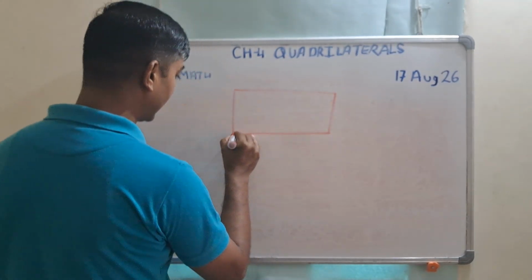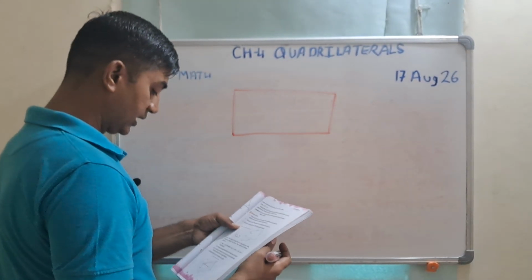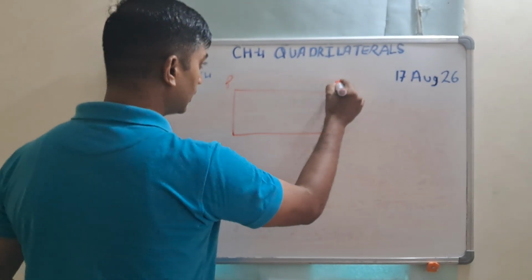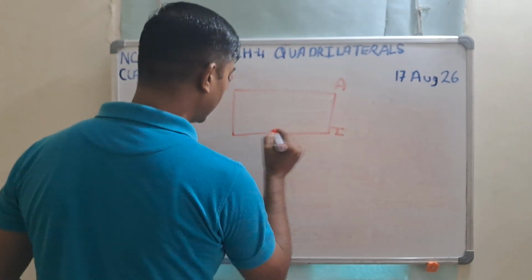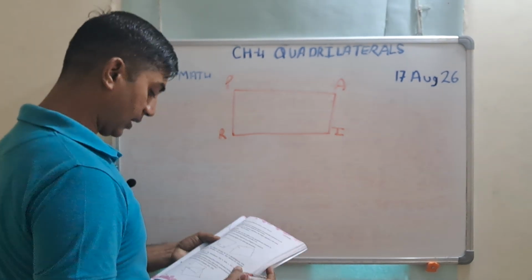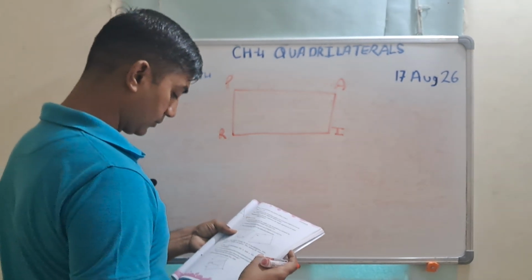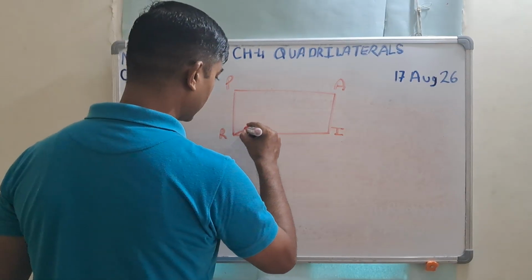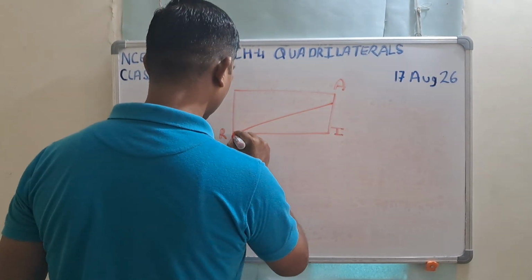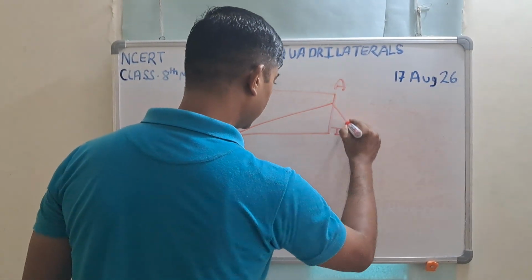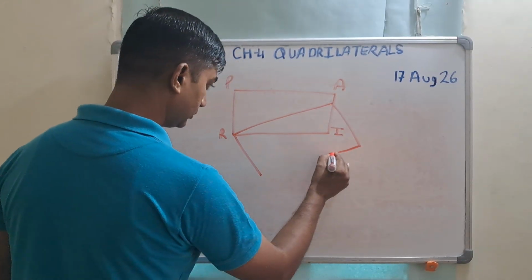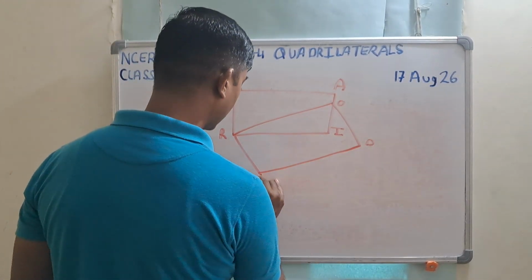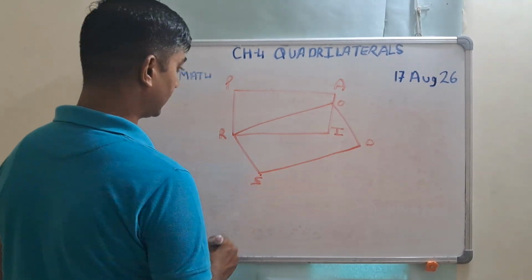This is one rectangle, that is PAIR. And we have another rectangle, RODS.